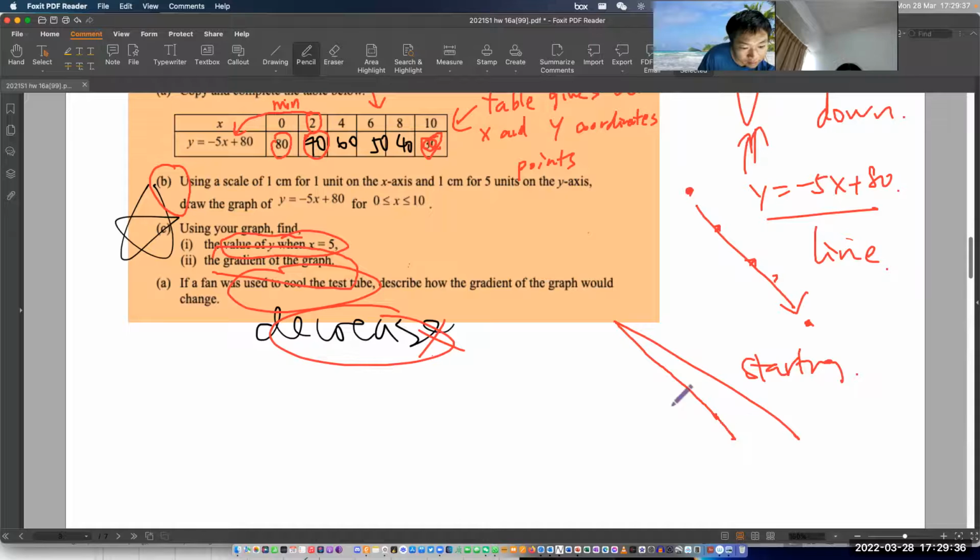Okay? With the fan, you have this. So, okay, it cools down faster. So, which one slides down faster? Which one has a bigger angle to come down? This one, right? This one is easier to slide down, right?